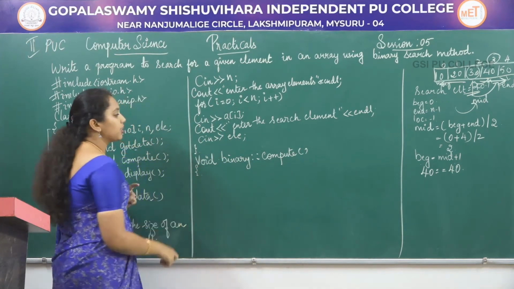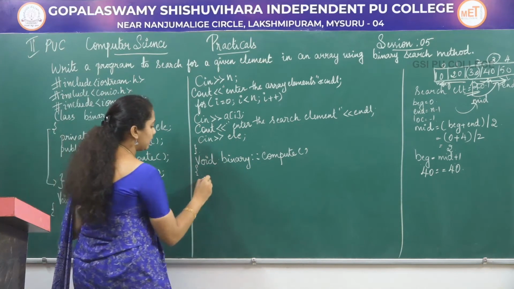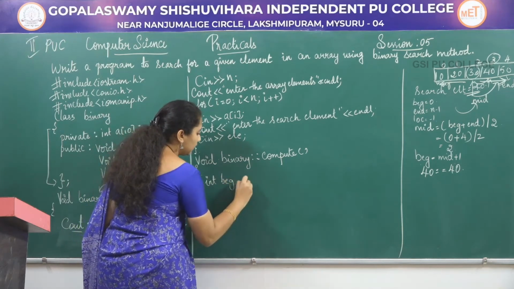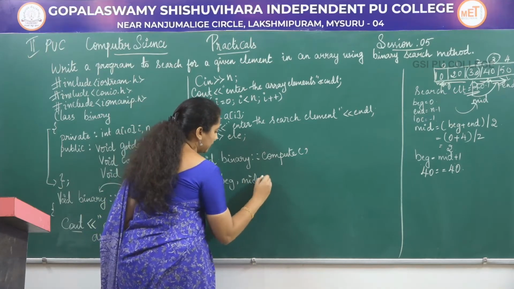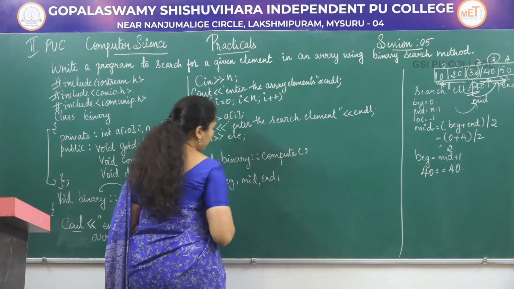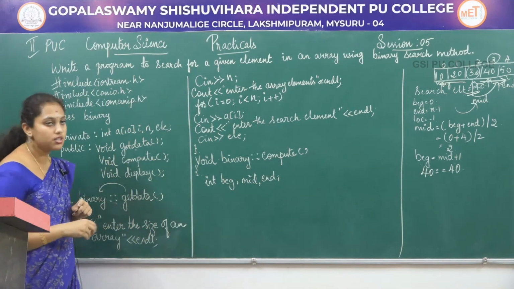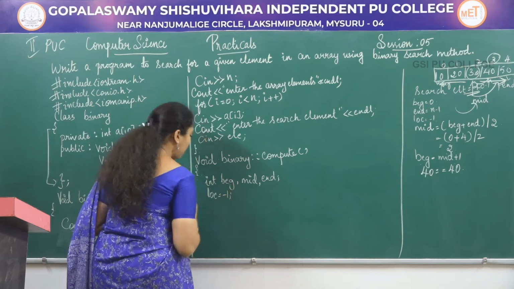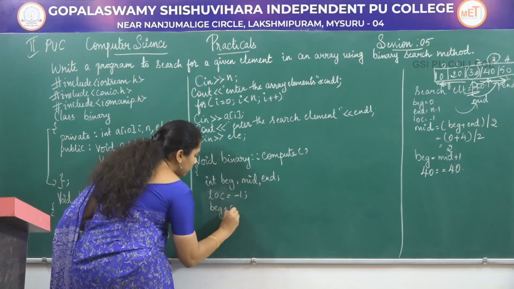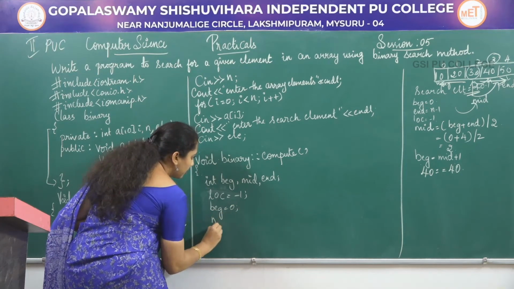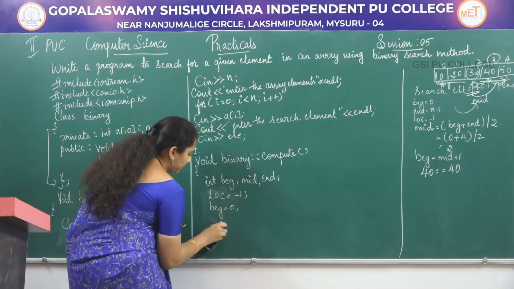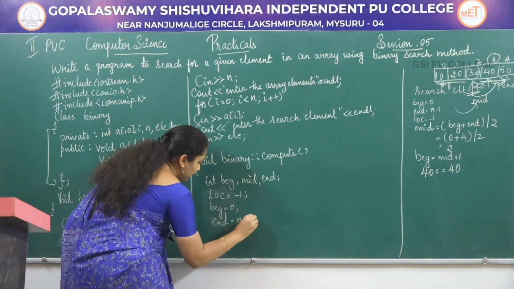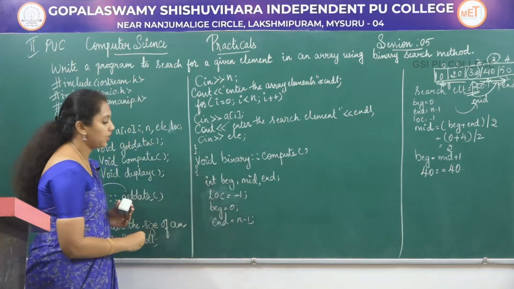In the compute function, I am going to declare the variables like beginning, middle and end. So here I am going to initialize the values, that is location is equal to -1, beginning is equal to 0, end is equal to n minus 1.